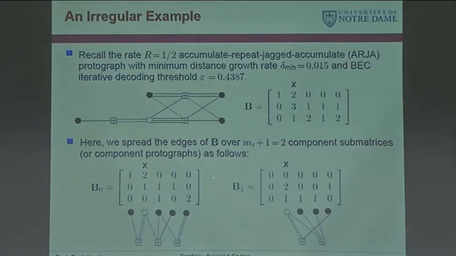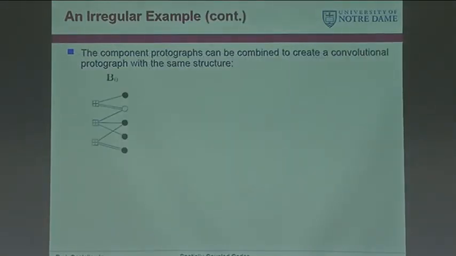We used memory 1, and we just split B into these two matrices. This one has this graph associated with it. This one has this graph associated with it. So these would be the two, B0 and B1, that we'd have in our H matrix and our associated convolutional graph.